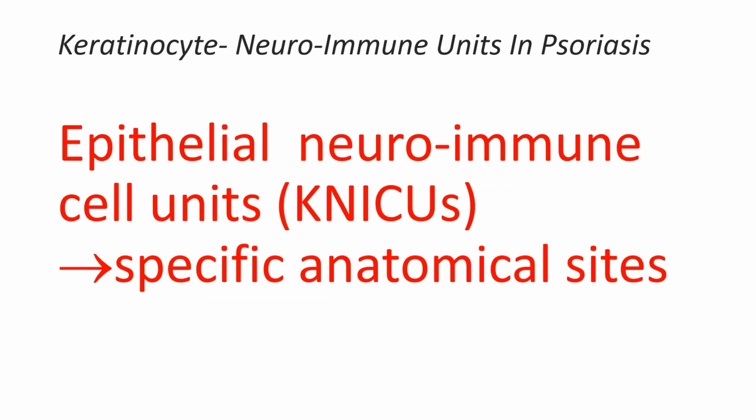Cutaneous innervation plays a critical role within the peripheral nervous system. Epithelial neuroimmune cell units refer to specific anatomical sites where neuronal and immune cells can coincide and engage in functional interactions to regulate tissue pathology and physiological processes.